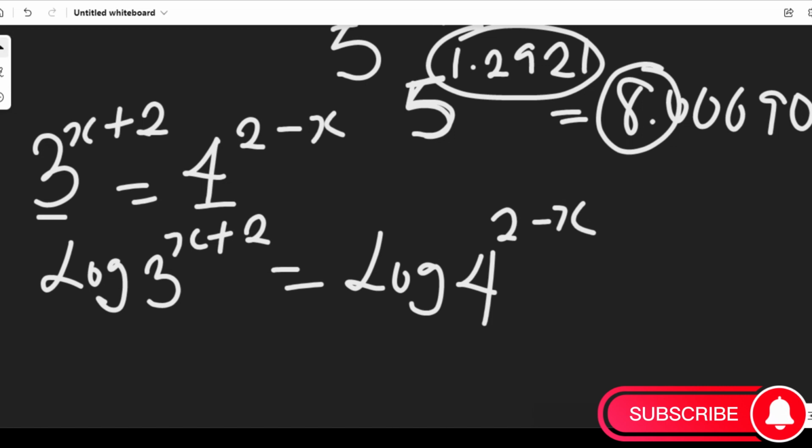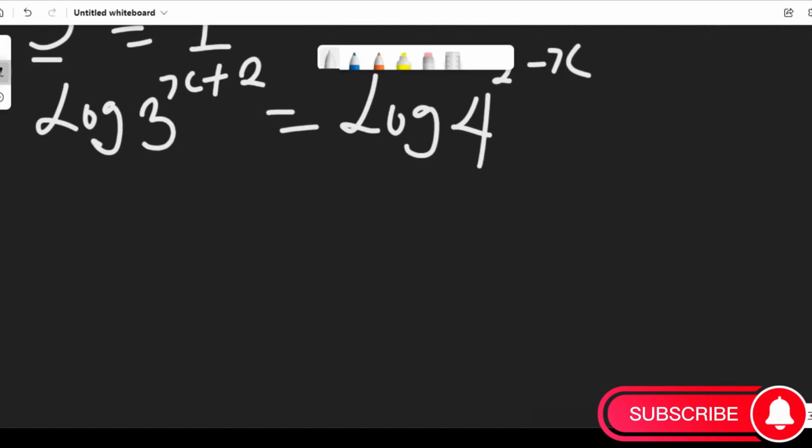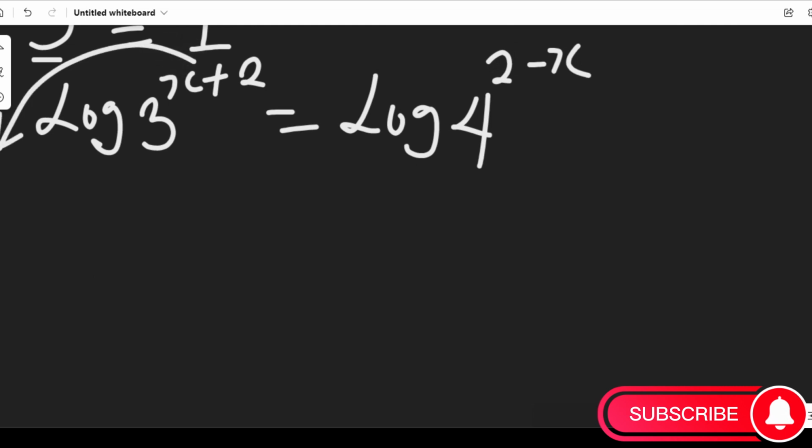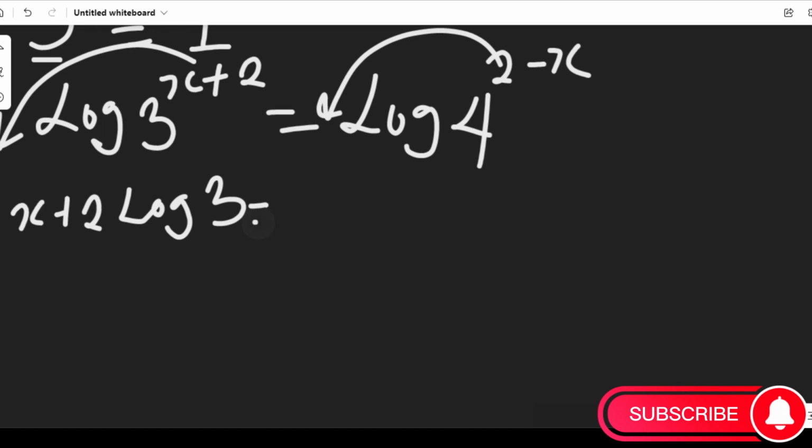Now, if we take the log of both sides, you'll come to see that this exponent will come over here, while this one will also come over here. So this will give us x plus 2 times log of 3 equal to 2 minus x times log of 4. So in order to find the value of x, all we need to do is divide both sides by log 3.